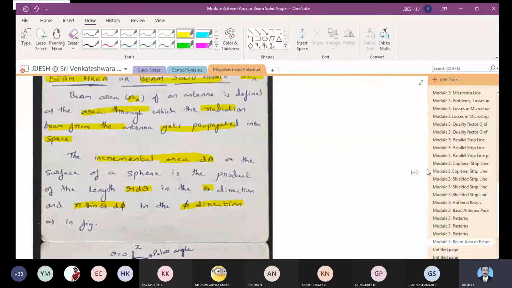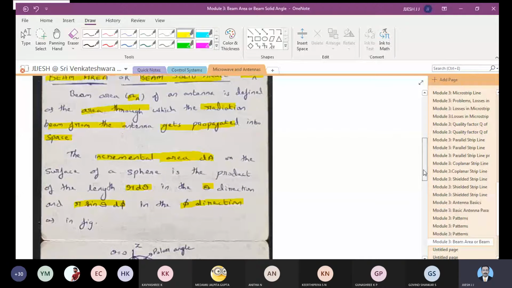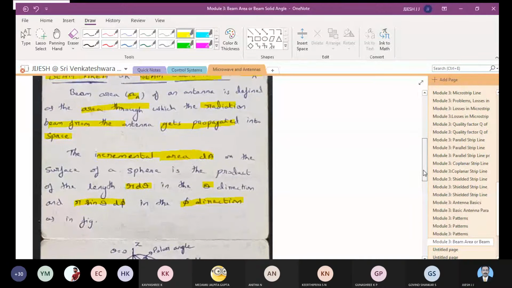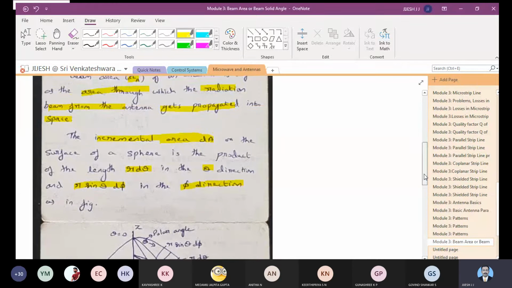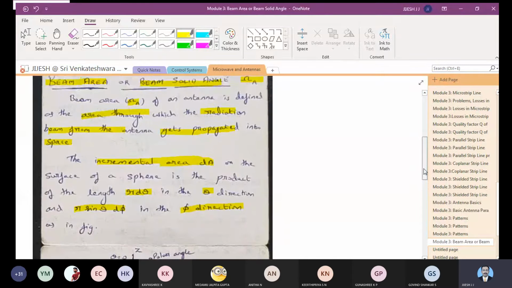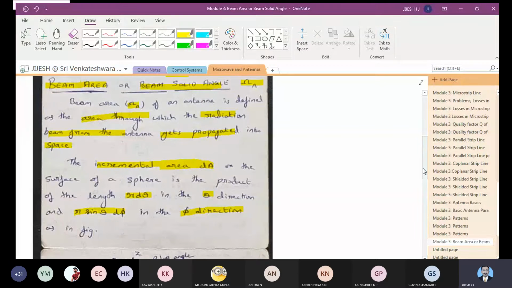All of you write down the heading: beam area or beam solid angle, denoted as omega A. It is the radiation through which the antenna propagates its signal to outer space, and the small area is called dA, the product of r d theta and r sin theta d phi in the phi direction.